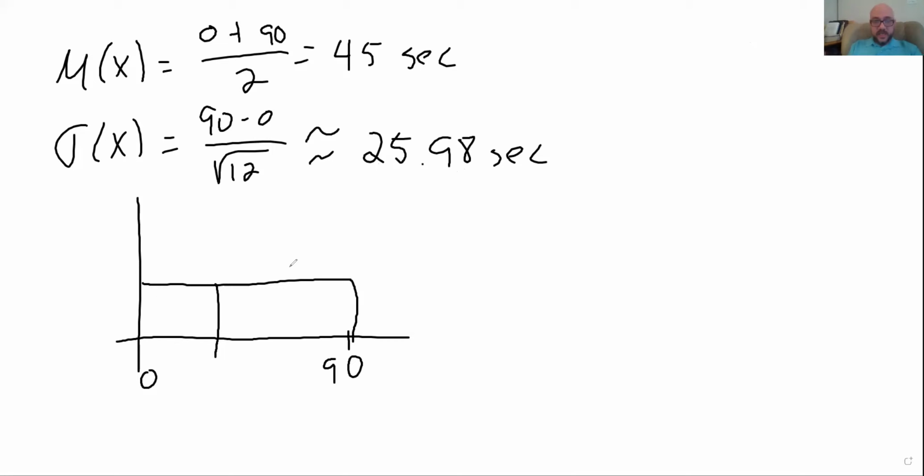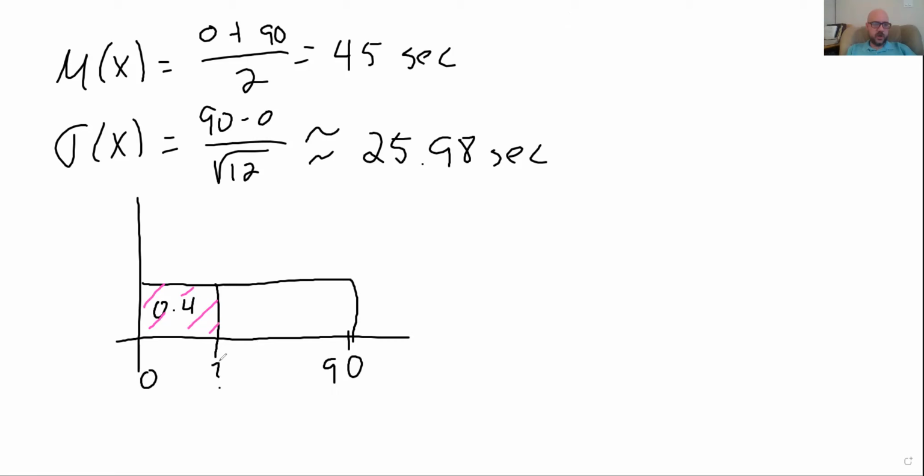That means this area is 0.4. That's the thing I know this time. What I want to figure out is what the base has to be to make that happen. So the thing I'm looking for is my base.